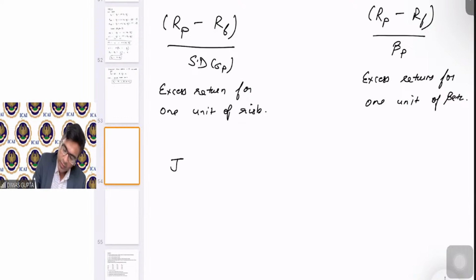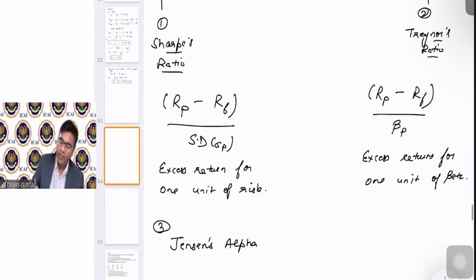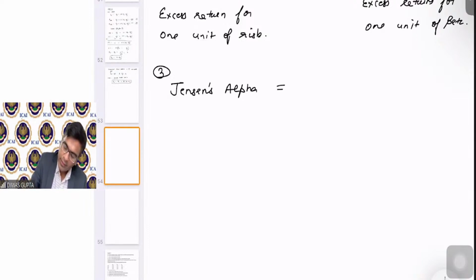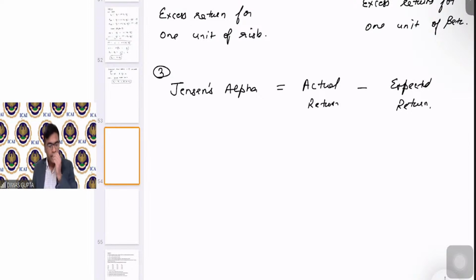Then next, Jensen's alpha. This is actually the third part. First, second, and now third. It says that actual return minus expected return. Okay, students.